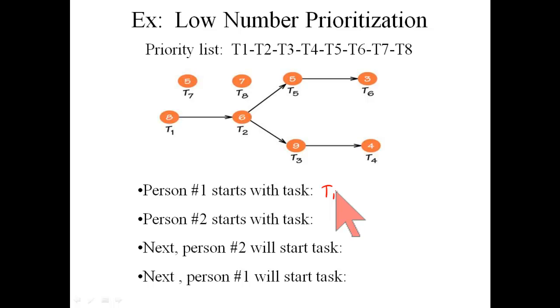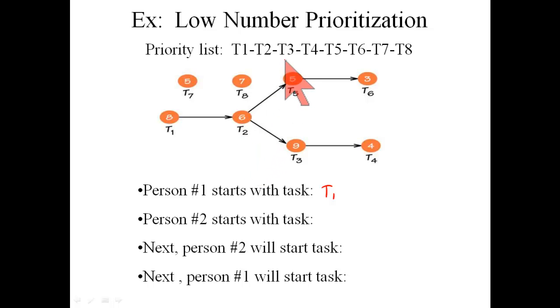At the same time, person number 2 comes forward and says, give me something to do. I look at the priority list and say, task 2 is next highest priority. I look at the digraph and see that task 2 can't be done yet. Person number 1 is still working, in fact has just started on task 1, and task 2 can't be done until task 1 is completed.